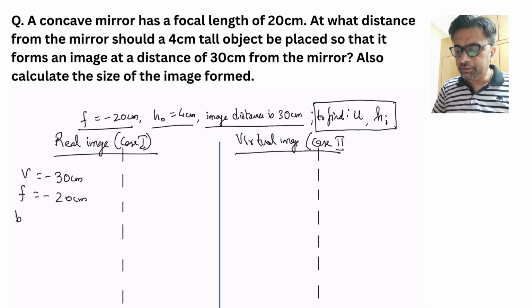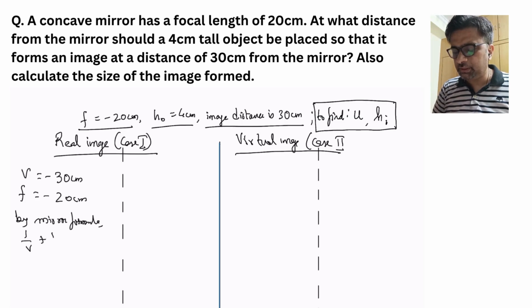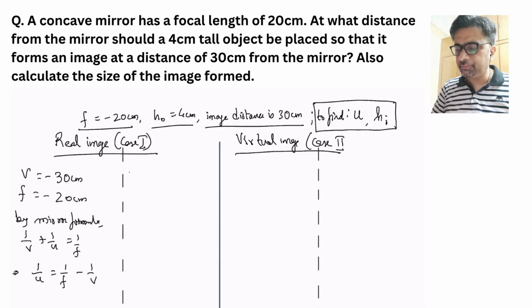So by mirror formula we know 1 by v plus 1 by u is equal to 1 by f, and that gets us 1 by u is equal to 1 by f minus 1 by v. Let's solve for u now.